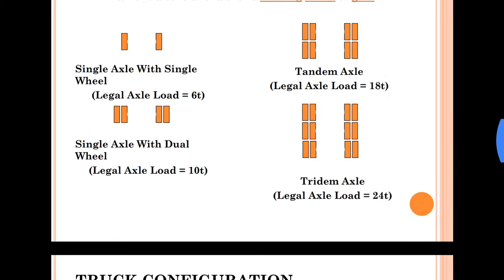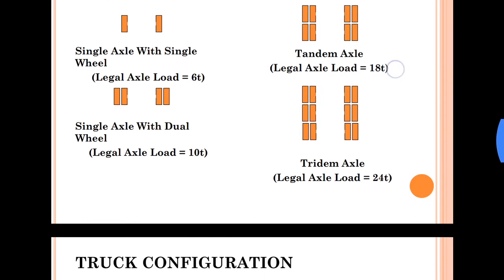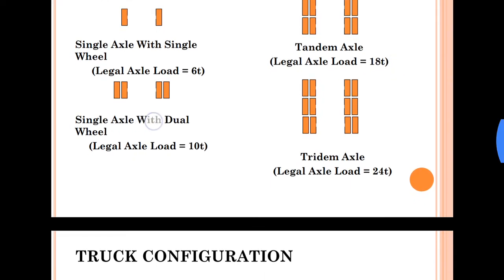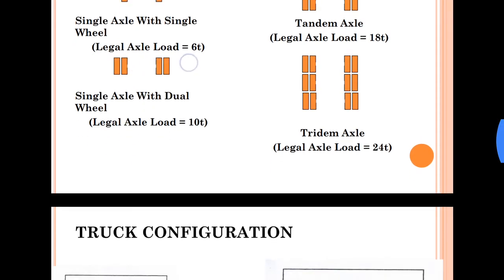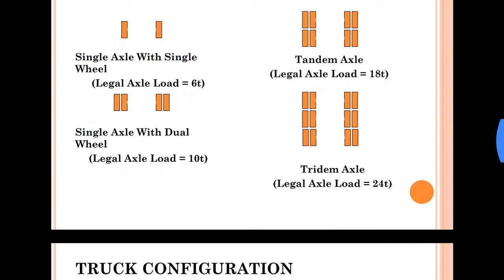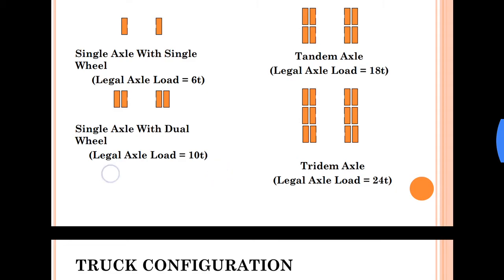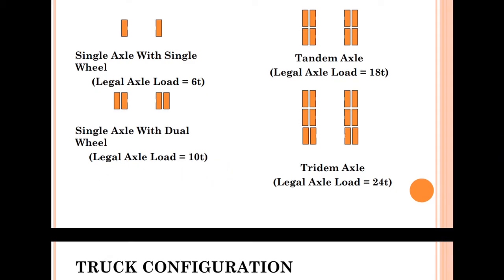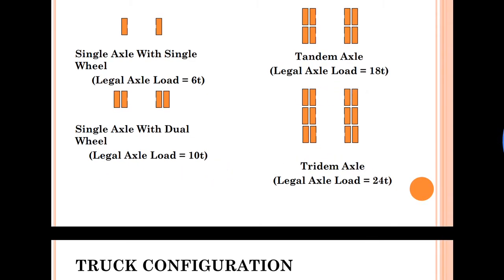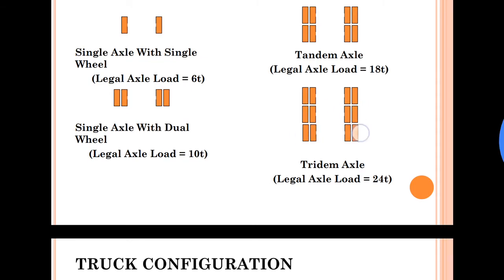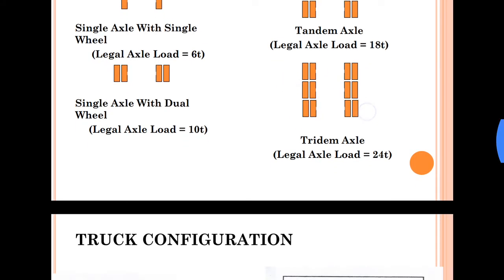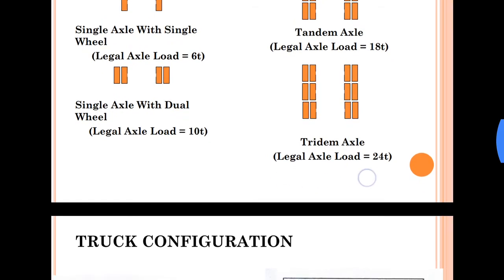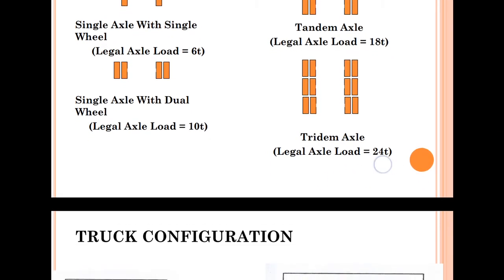Here the legal axle load could be 18 tons. And for single axle with dual wheel, so there is a single axle but two wheels on each side, the legal axle load is 10 tons. And for tridem axle, so there are three axles over here with dual wheels on both sides, the maximum legal axle load is 24 tons.